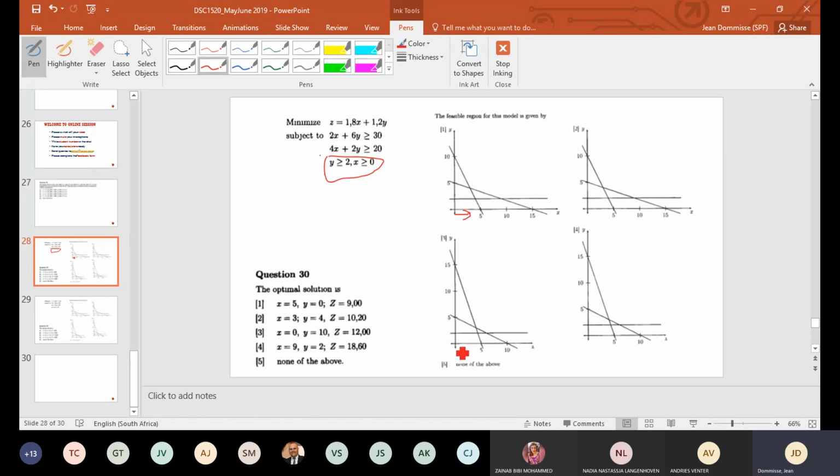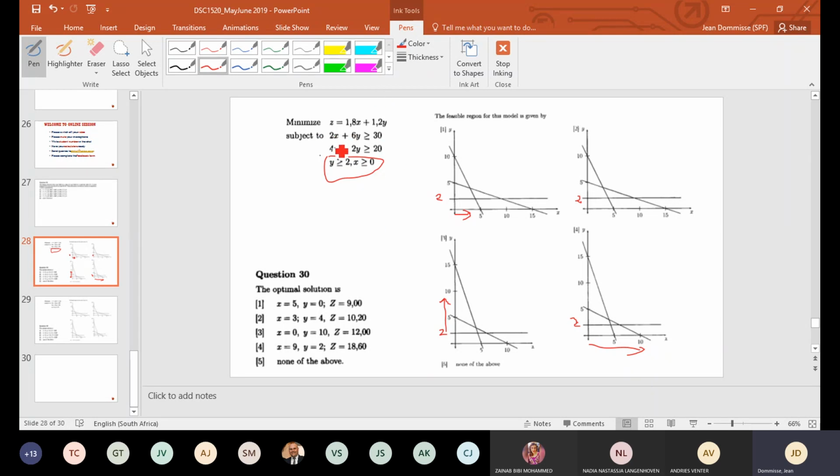My assumption was that that line is probably the line that is 2, everywhere that would have been 2. So out of the options, it would have been going that way and then going that way.